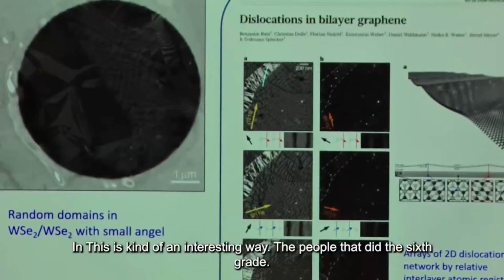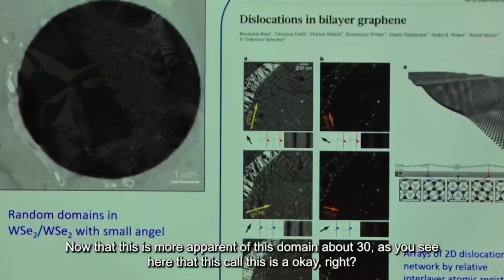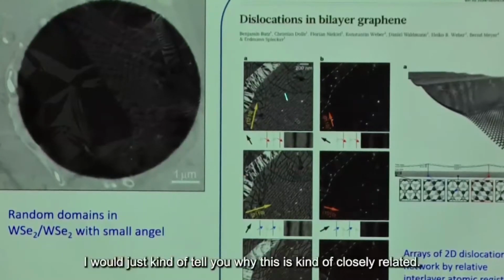The people who did this experiment, the material scientists, actually describe the structures I'm describing using somewhat different language. With this pattern of domain boundaries, as you see here, they call this a dislocation. I will tell you why this is closely related with the dislocations.